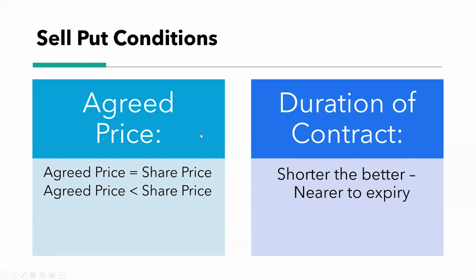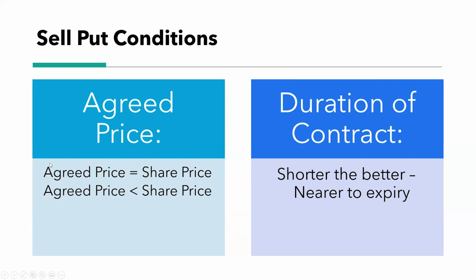For the agreed price, generally I usually choose where the agreed price is equal to the share price when I carry out the contract, or the agreed price is lower than the current share price. The reason is, if the company I'm looking at, for example Facebook, which is now probably trading around 300 plus, is still undervalued or at fair value at 300 plus, then I may choose to sell my put contract where my agreed price equals the share price.